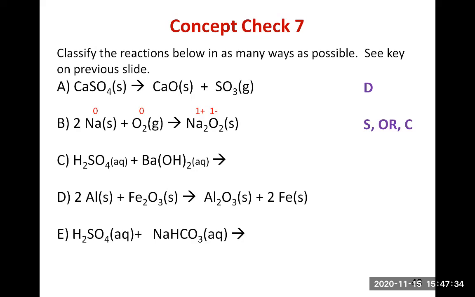Next example, we're given only the reactants there: H2SO4, the sulfuric acid, and Ba(OH)2, both in aqueous solutions. So we need to find the products. Here we can see that we have an acid and Ba(OH)2 is actually a base. So that's an acid-base reaction. And typically these are double displacement reactions where you have an exchange of ions.